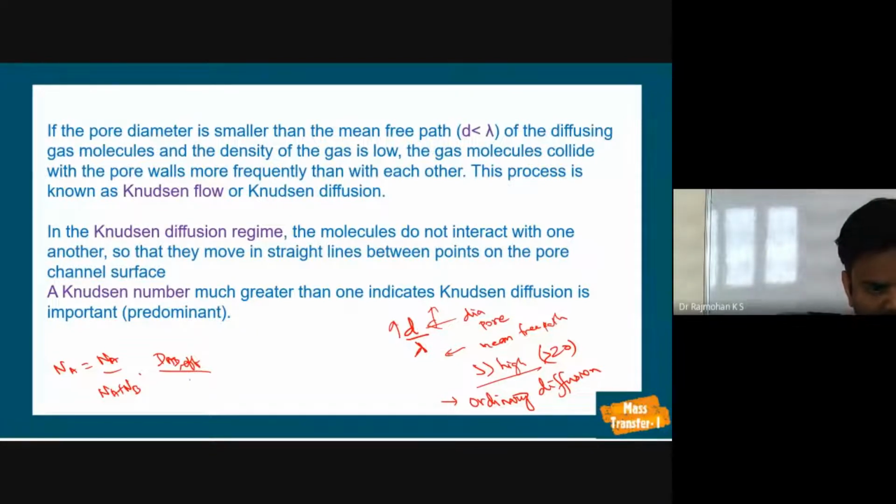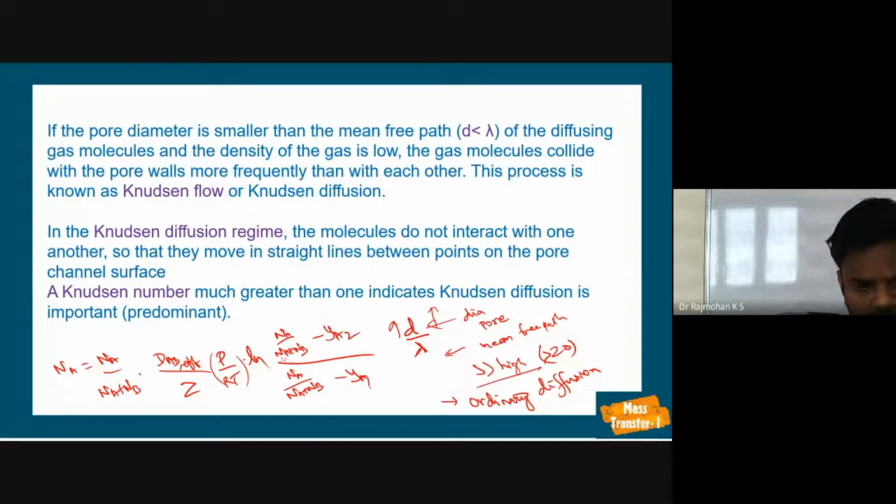So the flux equation: P by RT ln of (N_A by (N_A plus N_B) minus y_A2) over (N_A by (N_A plus N_B) minus y_A1). This is applicable, but what is D_AB effective?